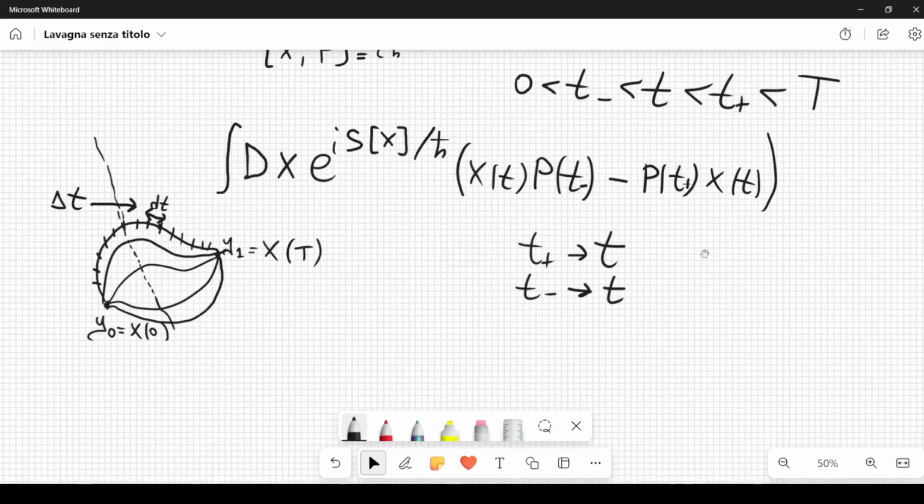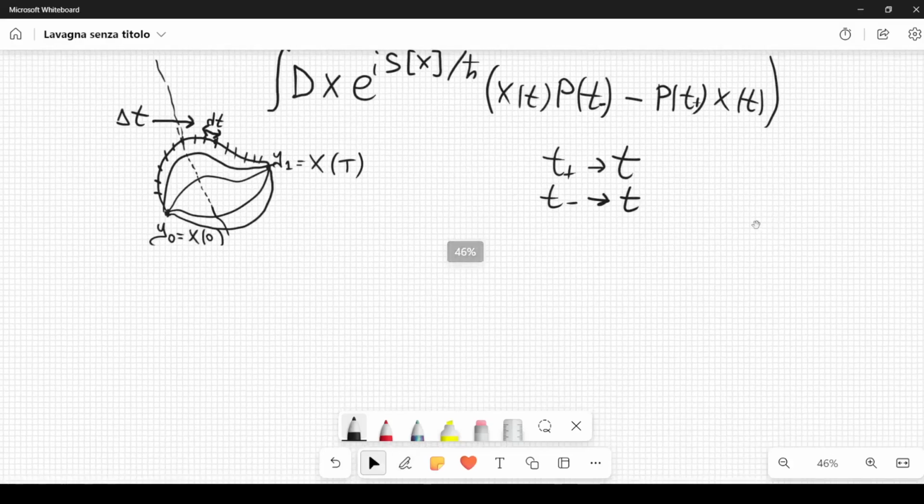And remember that in this case, I'm assuming that when we integrate over these path integrals, we are starting from this point, and then we are going to this point. So these 2 points, the 2 endpoints, are fixed. Just like in the classical case where we have an action and we are fixing the 2 endpoints of the trajectory.